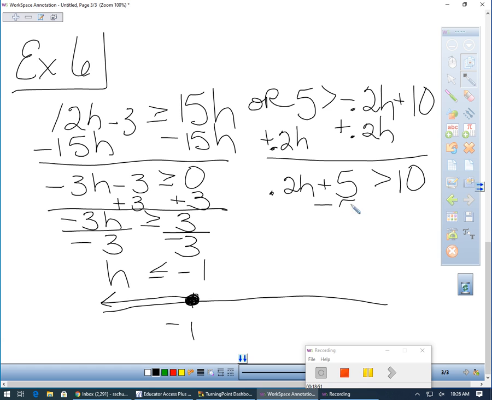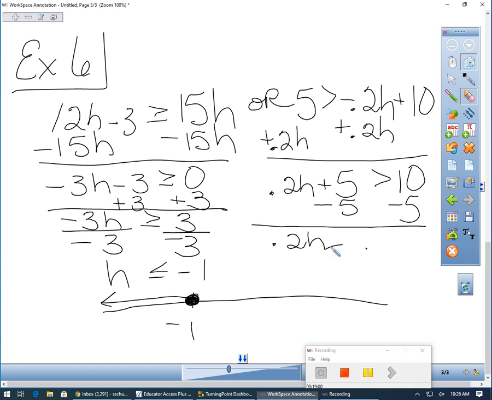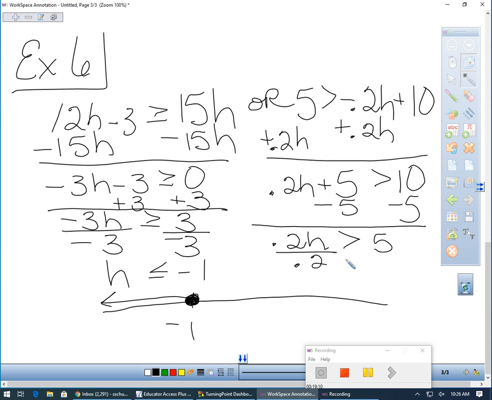We're going to subtract 5 from both sides. So I still have 0.2h is greater than 10 minus 5, which is 5. Now what? Good. We're going to divide both sides by 0.2. And we get h is greater than?